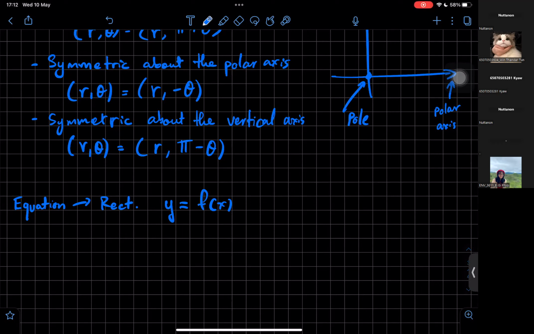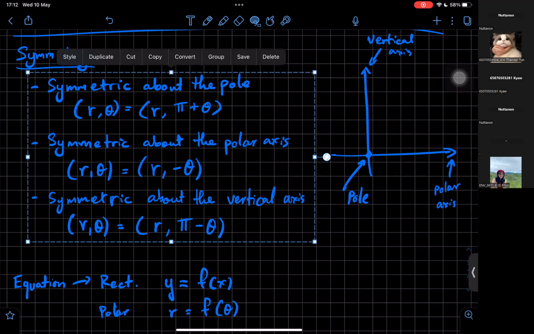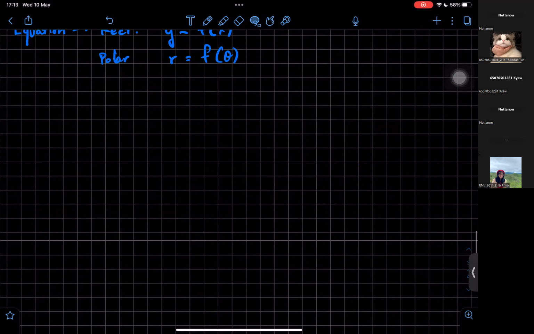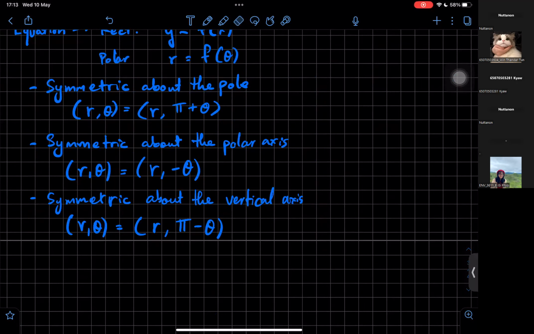In polar, we also have something like this: we usually write r equal to some f of theta. And the symmetry we can check with the equation also.